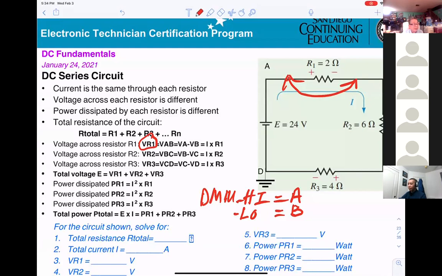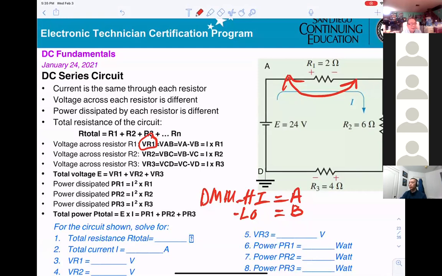If you calculate the power dissipated on R1, then PR1 equals I squared times R1. For R2, I squared times R2, and R3, I squared times R3.